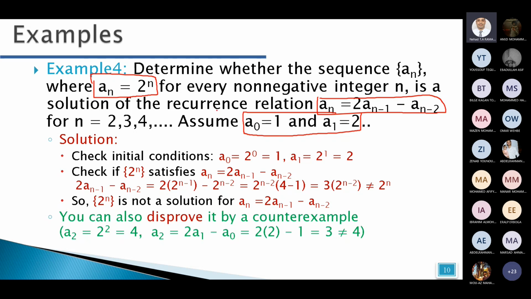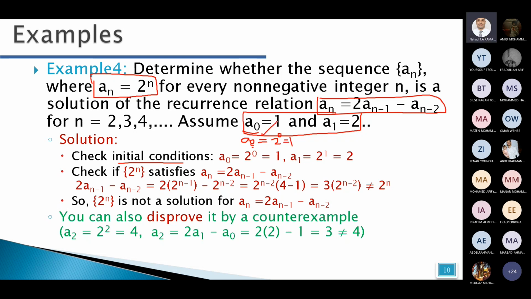Same idea. We will apply it for the initial conditions or initial terms. If we set a0 equal to 2 power n, it's 2 power 0 because n is 0 here, which is equal to 1.